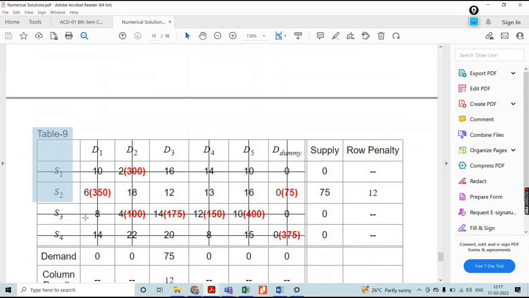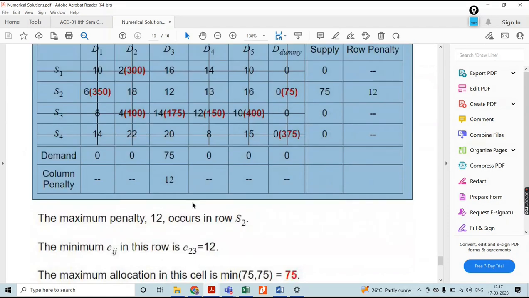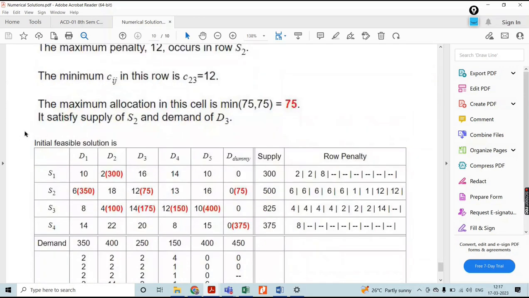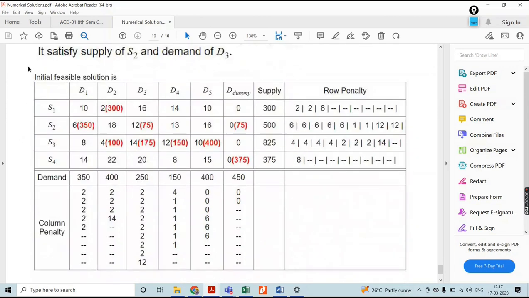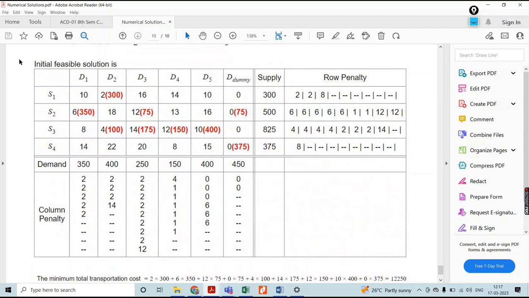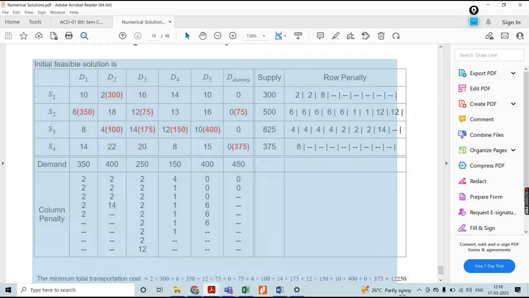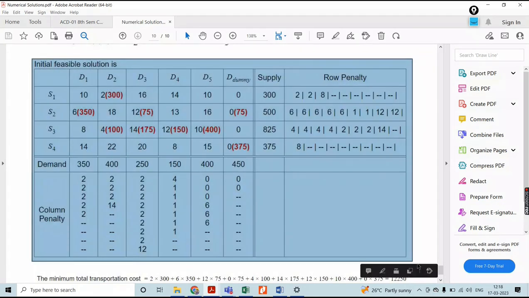Now you got these values. Once you are allocating that, then you will get the feasible solution. This is your feasible solution table. Once you got the substitution of these values, what do you have to do? You have to make sense with the evaluation.